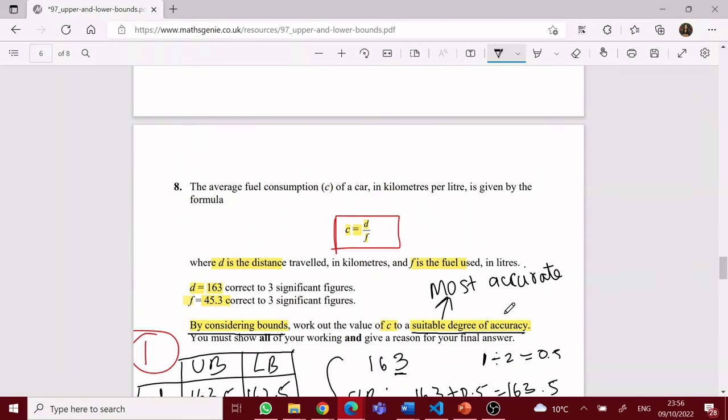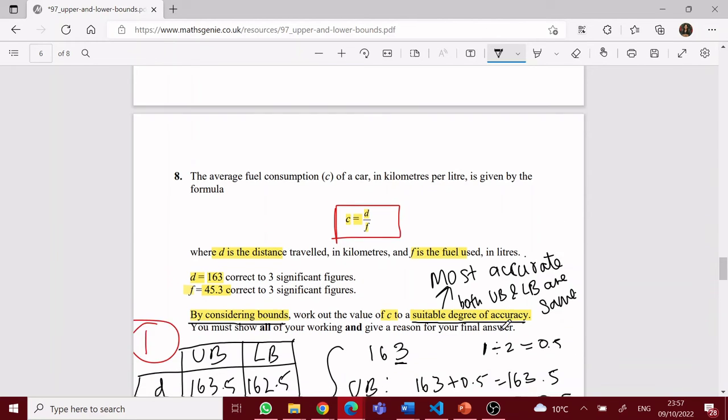What we want is the most accurate answer, with the most decimal places where both upper bound and lower bound are the same. So that's the whole point of us considering the bound. What we are doing is finding the largest possible value and the lowest possible value, looking at the decimal places, and finding the most accurate answer where both are the same.